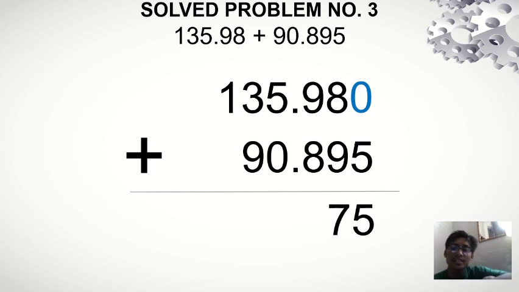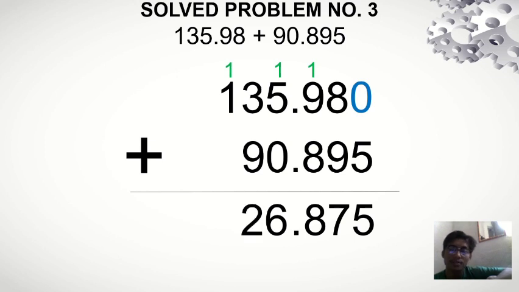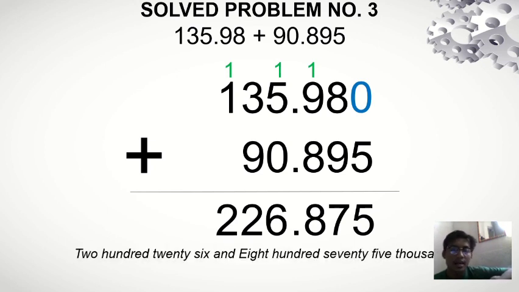Then, 8 plus 9 is 17. Carry 1. 1 plus 9 is 10, plus 8, 18. Carry 1. So, don't forget to put the decimal point. So, 1 plus 5 is 6. 3 plus 9 is 12. Carry 1. So, 1 plus 1 is 2. So, we have 226 and 875 thousandths.